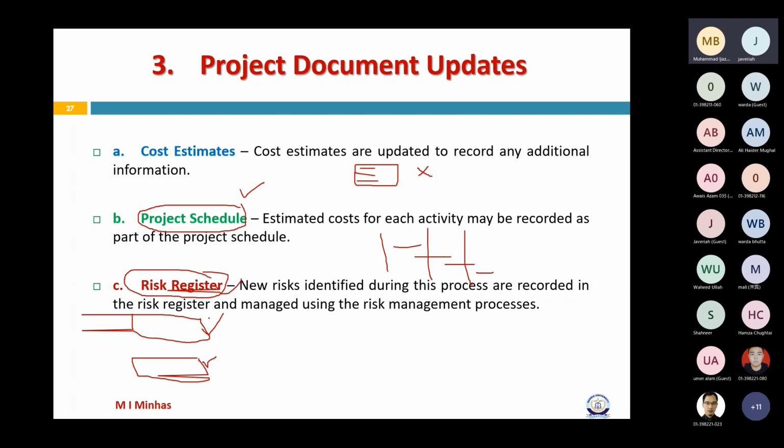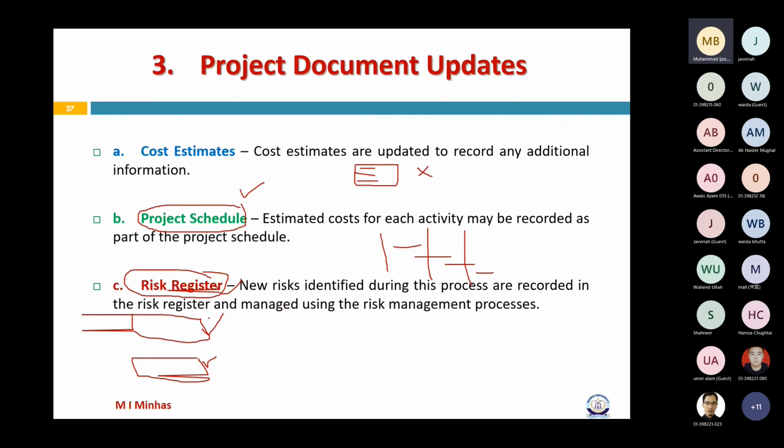Do you remember that? Yes sir, I do remember: risk register, assumption log and the third was lesson register. Okay? So whether it is written or not, these are generally updated because during that process, there might be new risks that may emerge.